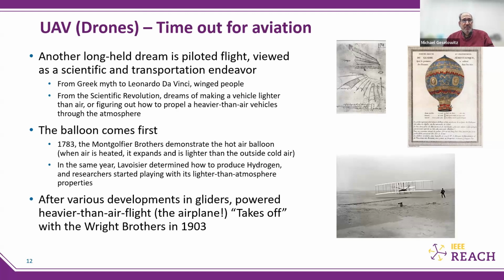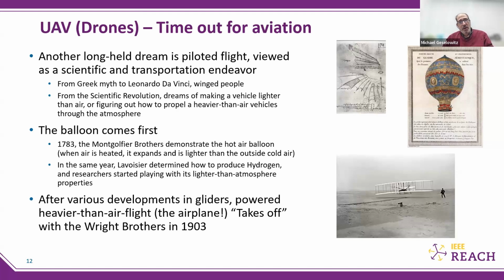But when the scientific revolution came in, people started to say, okay, now we can apply science and math, as they now came to understand it, scientific method, to figure out, can we make a heavier than air vehicle go through the atmosphere?